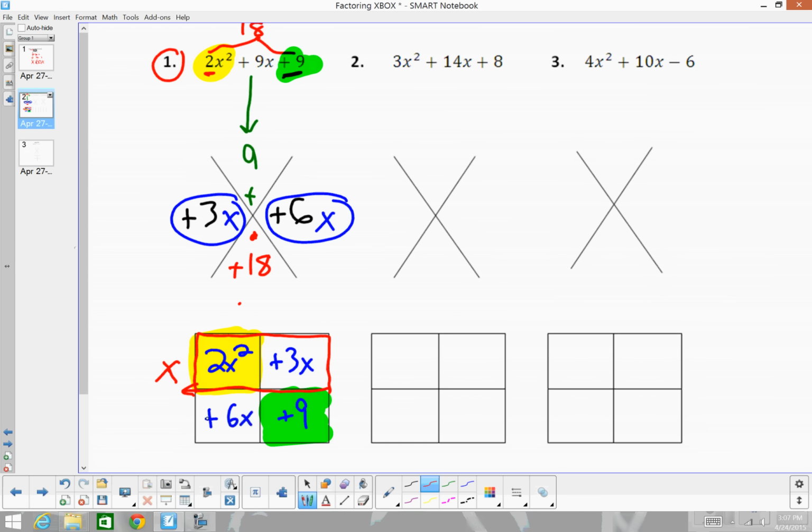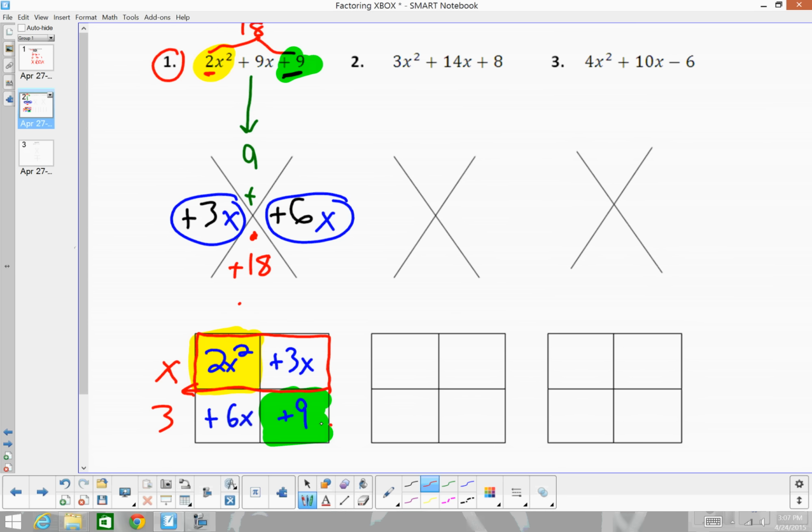Now look at the bottom. I have positive 6x plus 9. What can I divide both 6 and 9 by? I can divide both 6 and 9 by 3. Awesome. So that's my greatest common factor between the two numbers. Now, if I have an x here, and I don't have an x here, then I can't take out an x. I can't take out something that's not there.